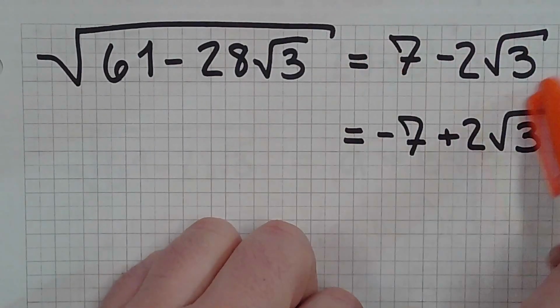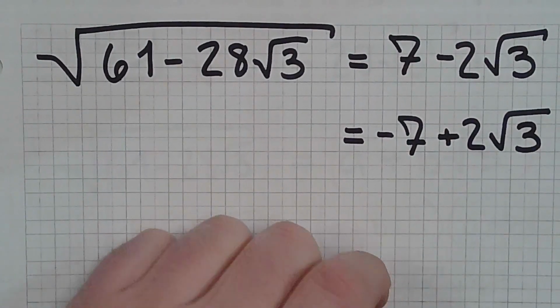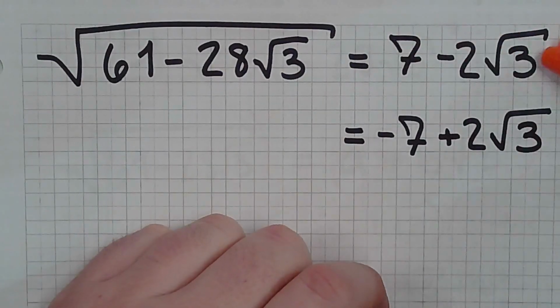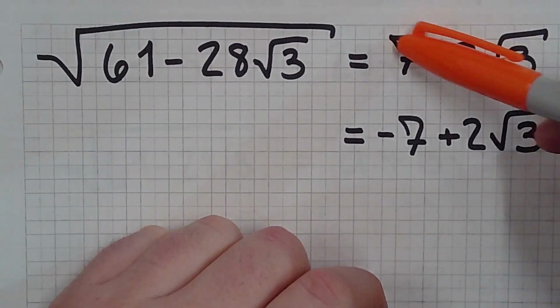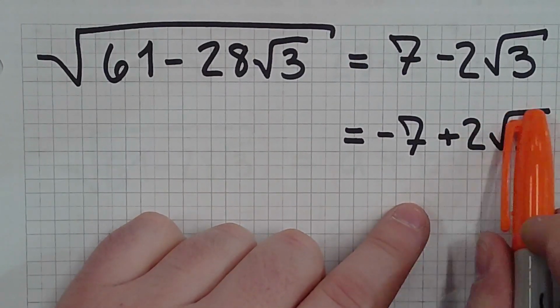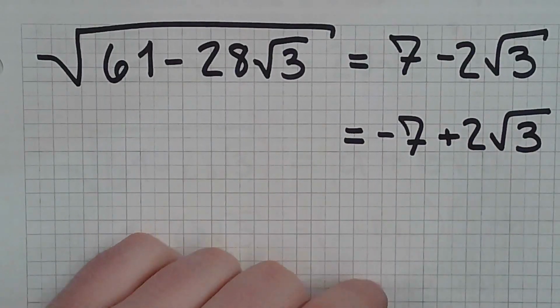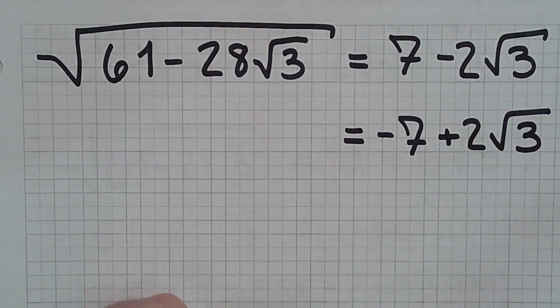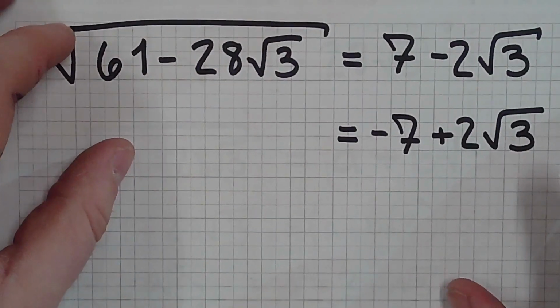And which of these is going to come out positive? In other words, is this bigger than 7? If it is, then this will come out negative, right? We'll be taking away more from 7 than we actually have. And then this one, if it's more than 7, then good, awesome, this will come out positive. So the question is, how big is 2√3?